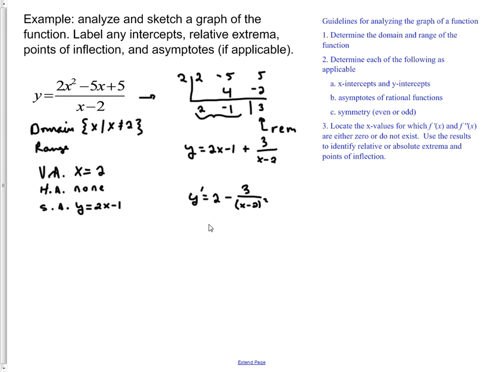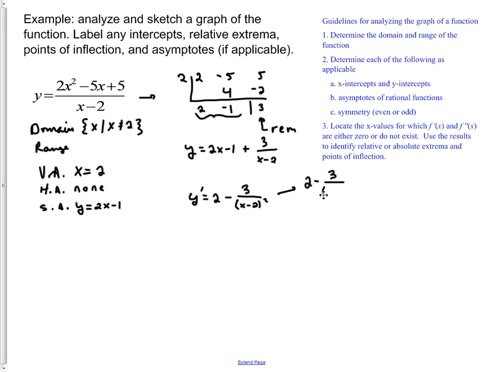Now, y prime is still undefined at x equals 2, but so is the original function, so that's not going to help us. On the other hand, are there any points where 2 minus 3 over x minus 2 squared is equal to 0? Well, yeah, there sure is. I'll show you why.